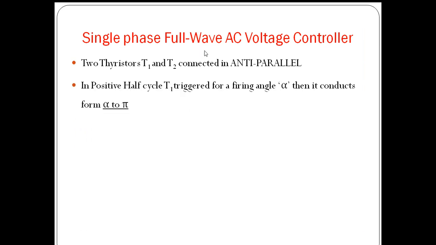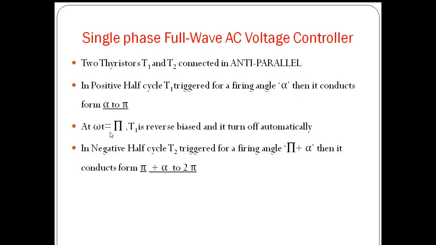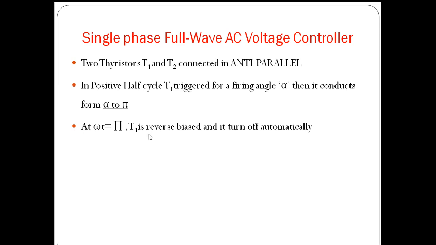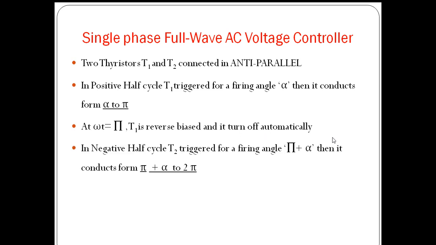Single phase full wave AC voltage controller consisting of two thyristors T1 and T2 connected in anti-parallel. In the positive half cycle, thyristor T1 is triggered at a firing angle alpha, then it conducts from alpha to pi. At instant pi, thyristor T1 is reverse biased and it turns off automatically.